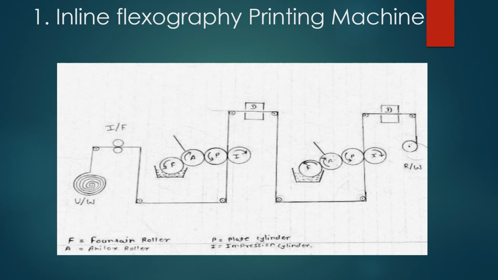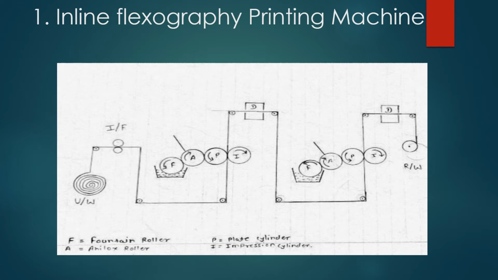After that, the web passes through the dryer, where the ink is dried and solvent residue is removed. After that, the web passes through the second printing unit, where the second color is printed and simultaneously it is dried.